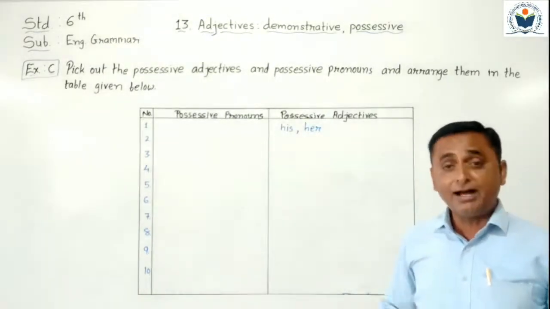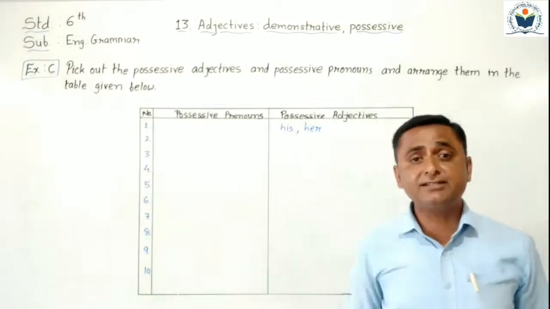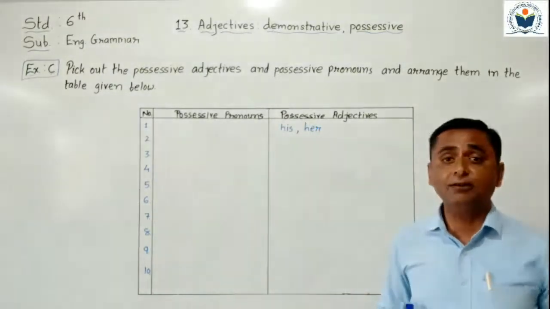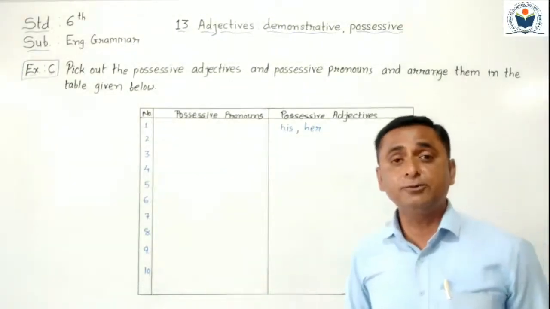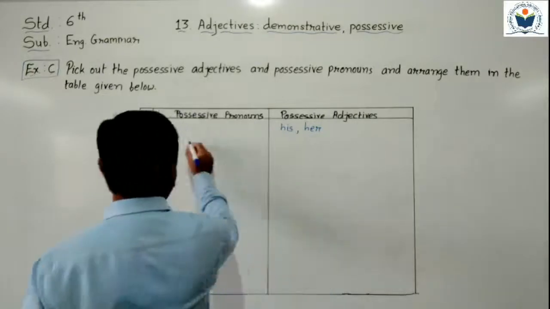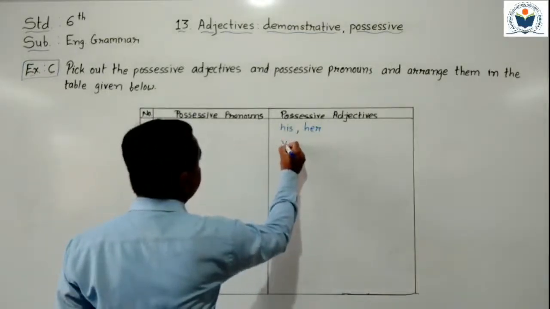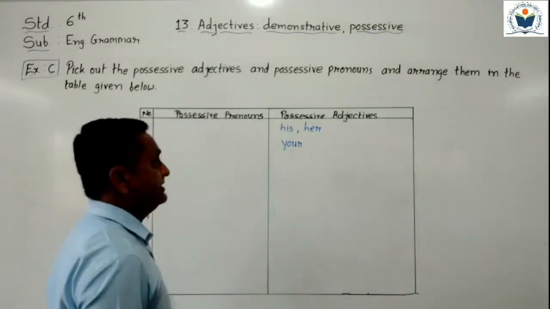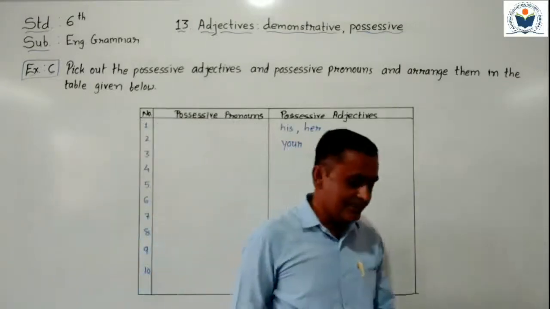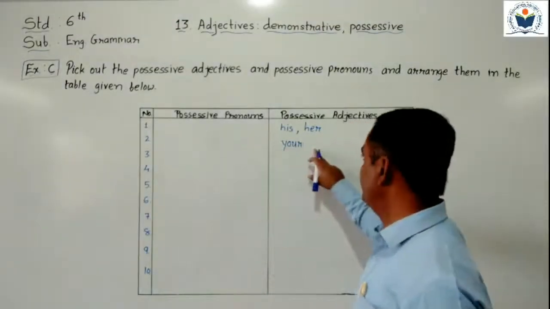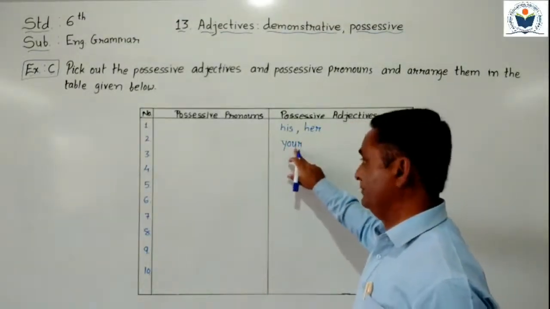After your, the noun inheritance follows. So what do we put? Your is considered a possessive adjective here. In the second sentence we have to write your as a possessive adjective. So in the second sentence we found one possessive adjective, your.